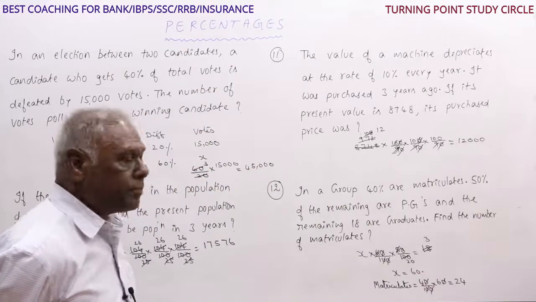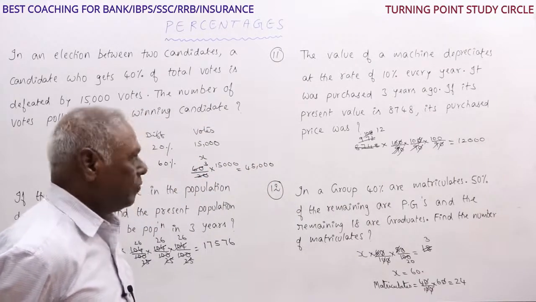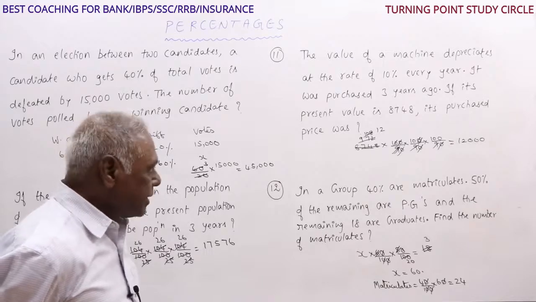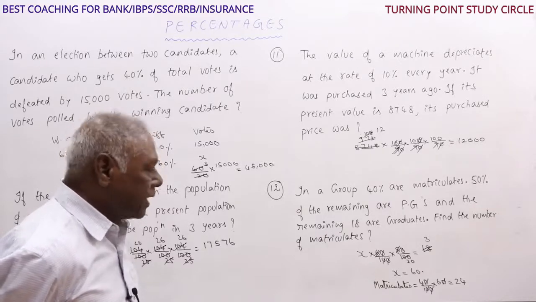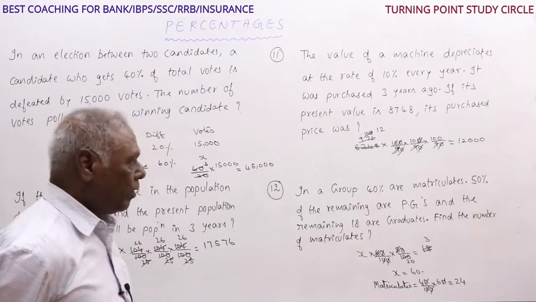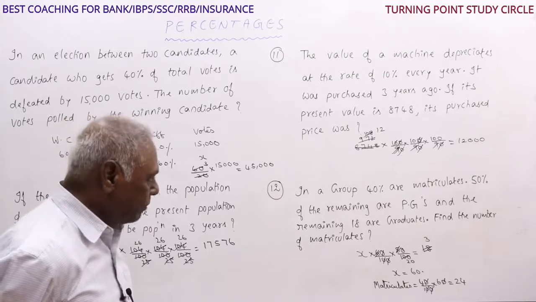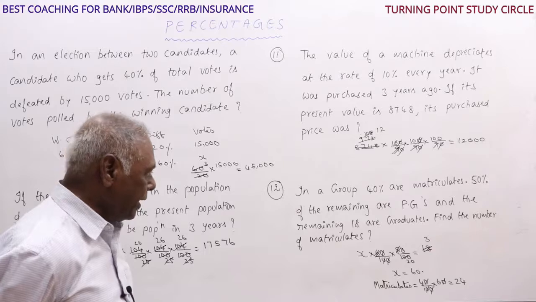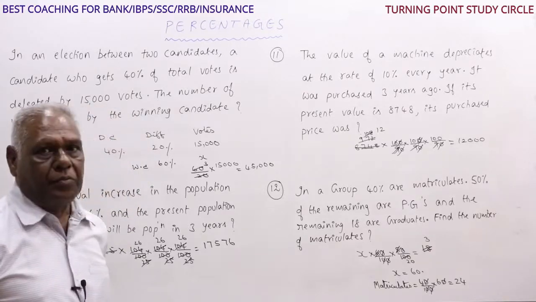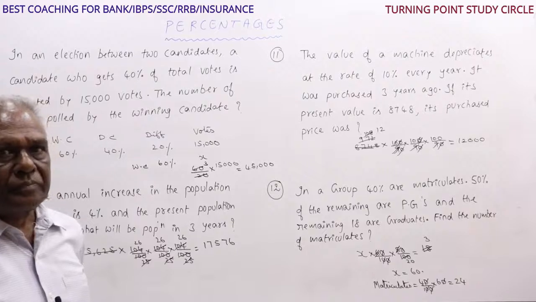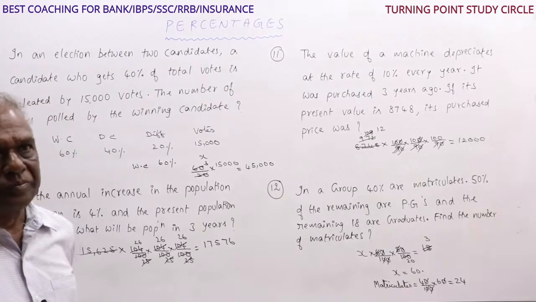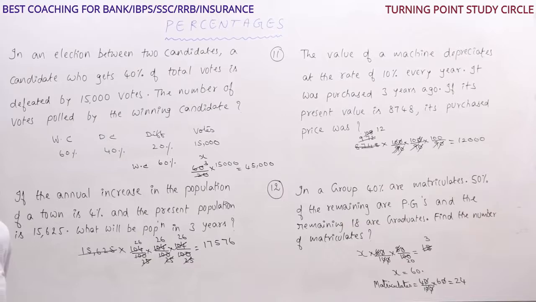So X, 40%, over the remaining 50%, so 50 by 100 into 60 by 100 into X is equal to 18. Be careful with the wording and proceed. The remaining percentage must be taken into consideration. So that is very, very important.